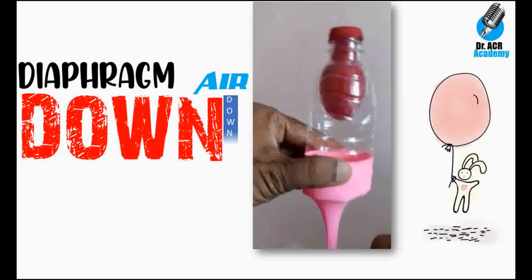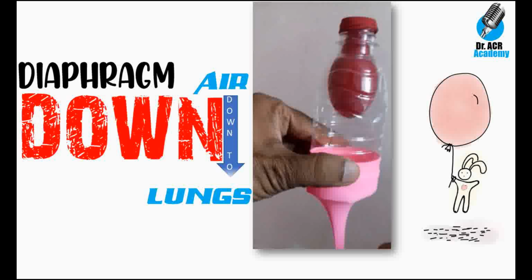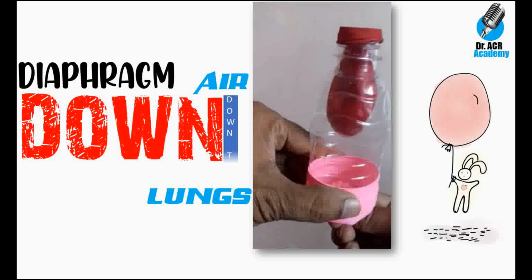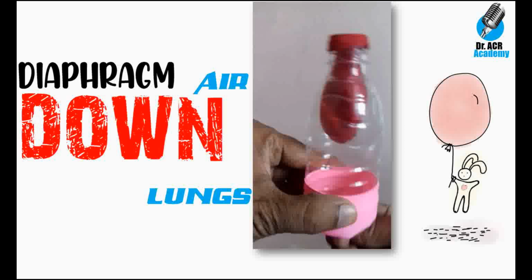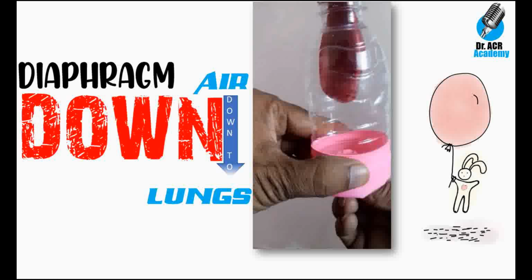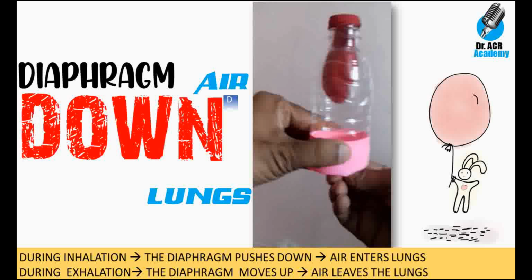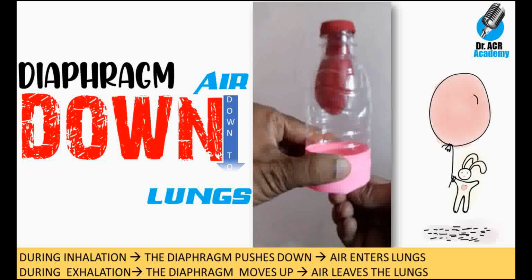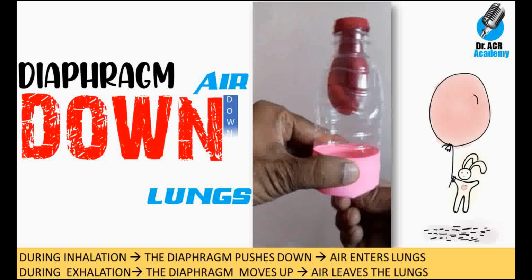Furthermore, we can understand the mechanism of breathing by a simple model. Here, we are showing a little variation from the textbook. Take a white plastic bottle, remove the bottom, then fix a balloon as shown.